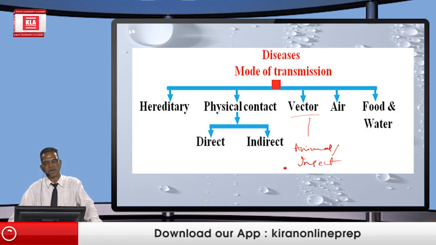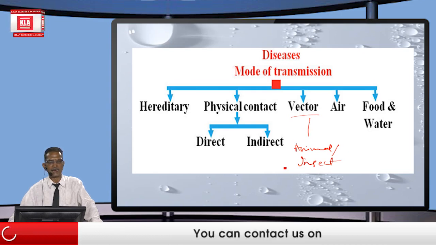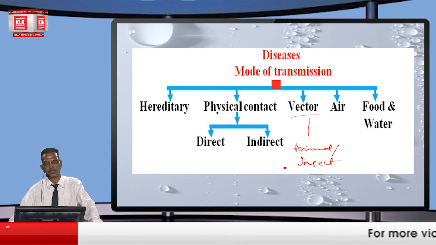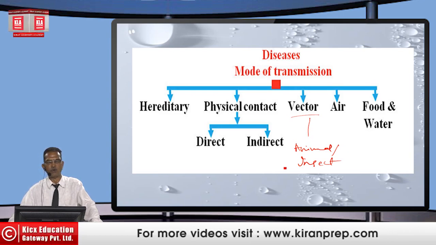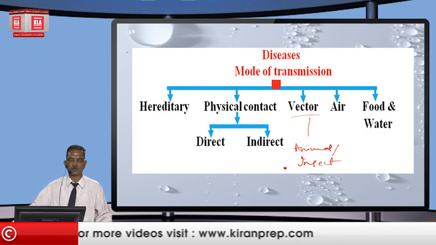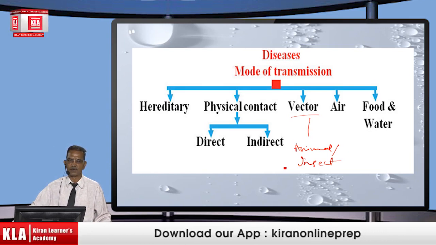And then air: as a person is speaking, sneezing, coughing, the germs come out in the form of water droplets. And if they are inhaled by a healthy person, the germs enter into the body and may then lead to the disease. Or it can be food or water, where the germs are present in the food or in water, and when the person eats food infected with the germs, the person ends up suffering from the disease.